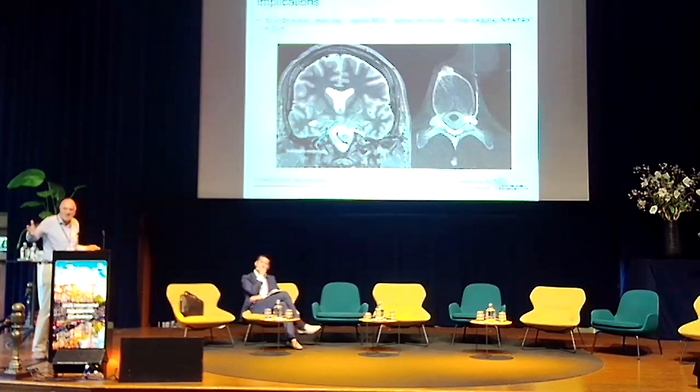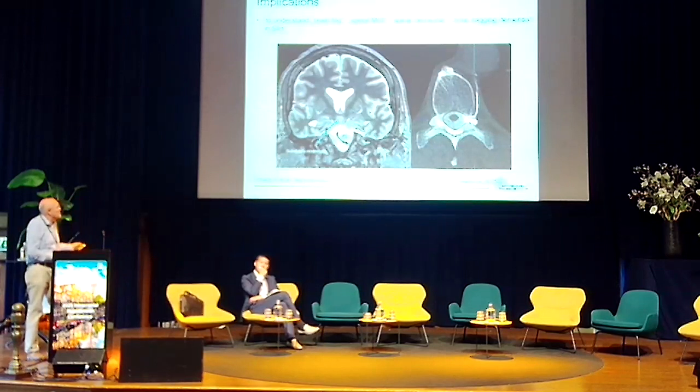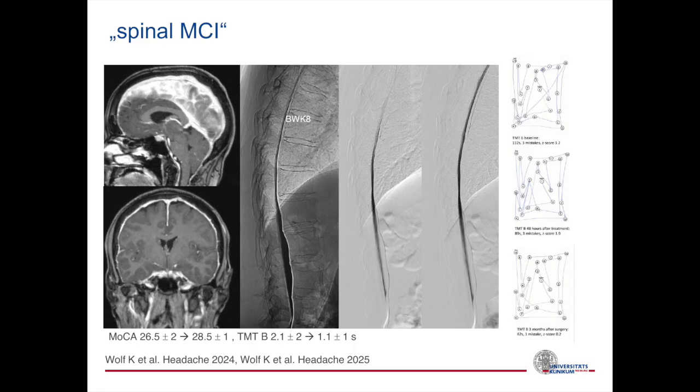You go into the patient's room, and it takes 30 seconds to find out that this is a clear patient with disinhibition. But we want to find out whether it is just macroscopically related to the deformation of the brain, or whether it could also be related, in these spinal CSF leak patients, to interstitial lymphatic fluid transport or glymphatic transport.